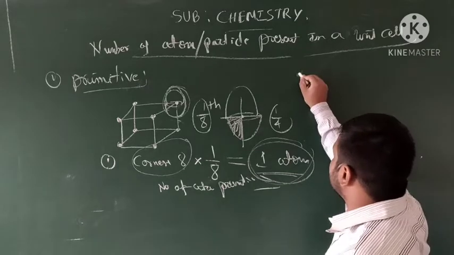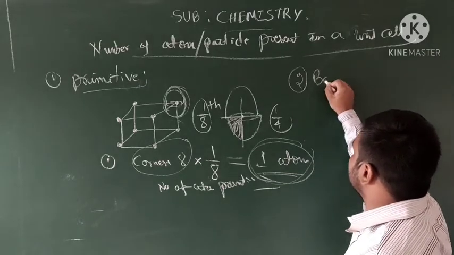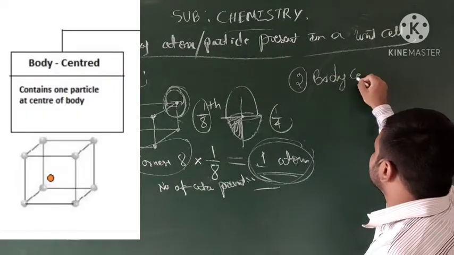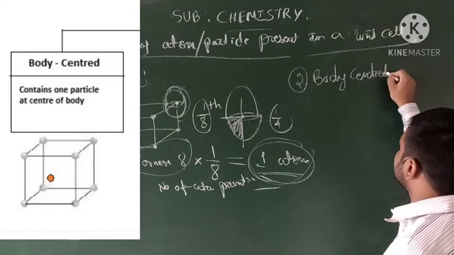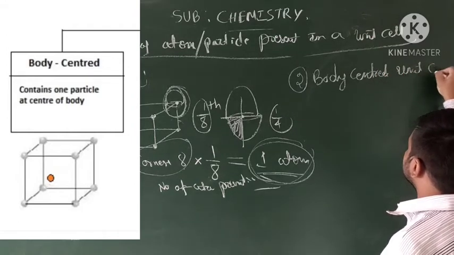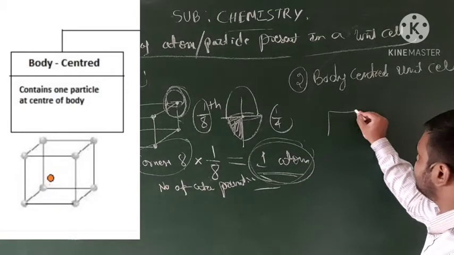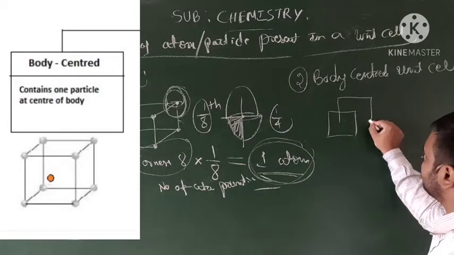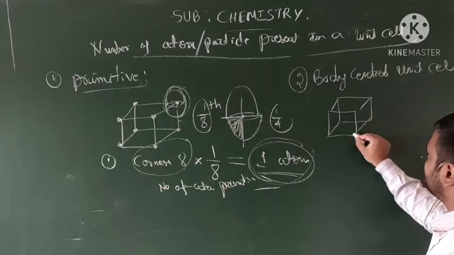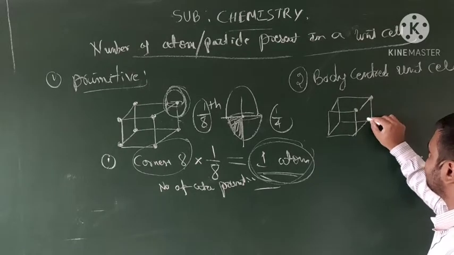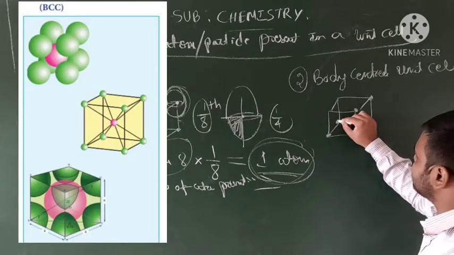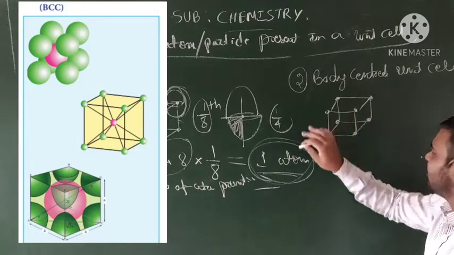Okay students, next one, body centered unit cell. Let's look at the body centered unit cell. We can observe 1, 2, 3, 4, 5, 6, 7, 8 corners.